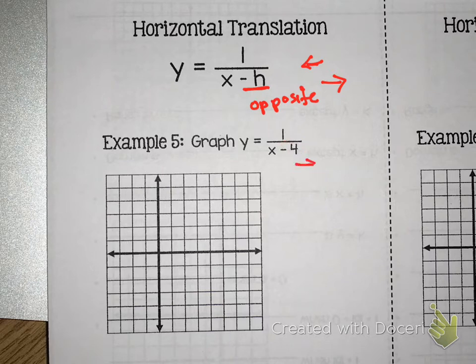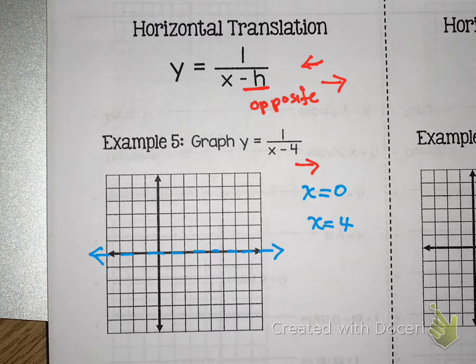So let's take your vertical and horizontal asymptotes and put those in. Now your horizontal asymptote is not going to move. It's still going to be where y is equal to 0, but your vertical asymptote is going to move from x equal to 0. It's going to now be x is equal to 4.